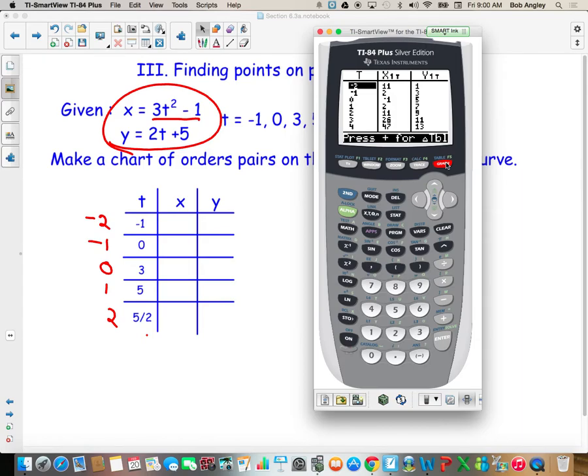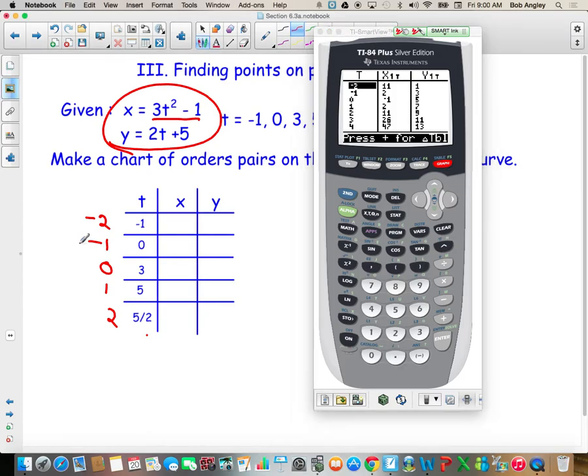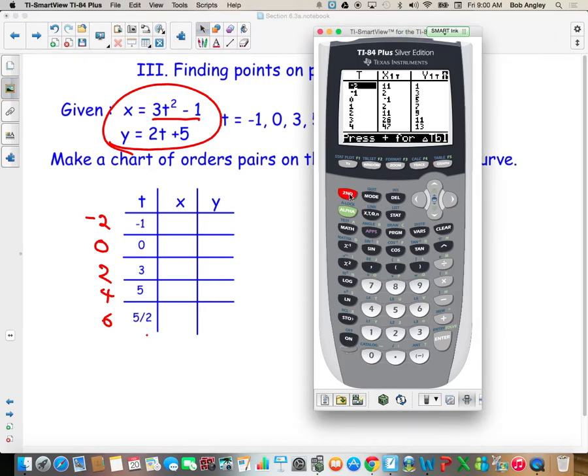Now, let me try one more thing for you. Suppose we wanted to go -2, 0, 2, 4, 6, etc. Go back to second table set again. What would we change to get it to be this?